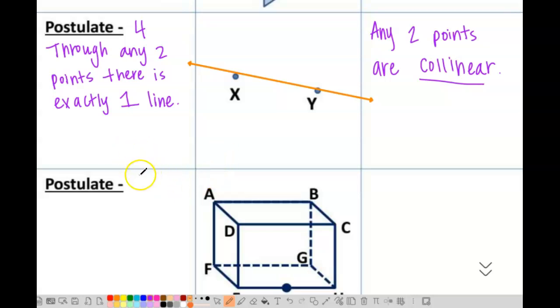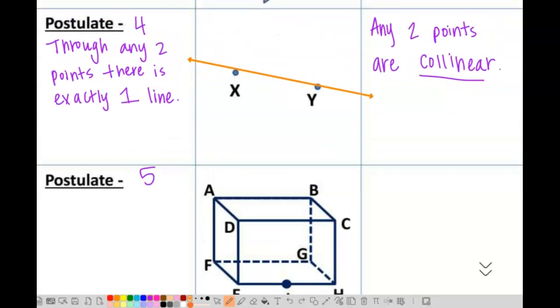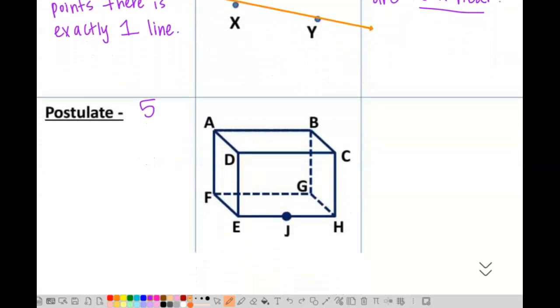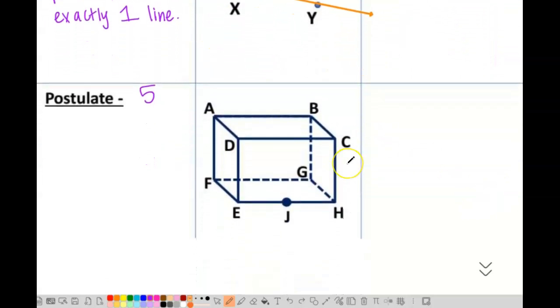All right, last one. Postulate number 5. What do you think postulate number 5 is about based on the image? What is this image of?